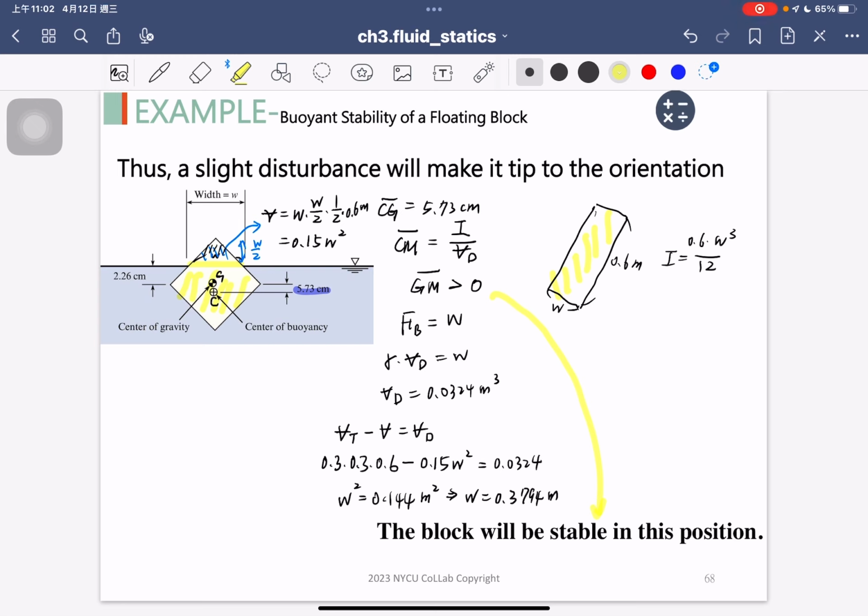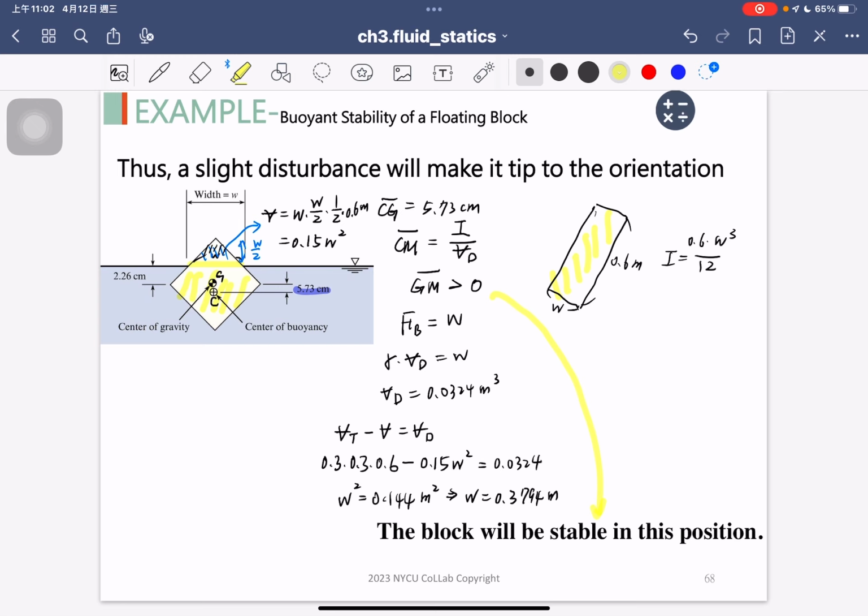So that's some ideas you can apply to stability predictions: you need to compute the GN distance and identify whether the GN is positive or negative, and then you can say it's stable or unstable.